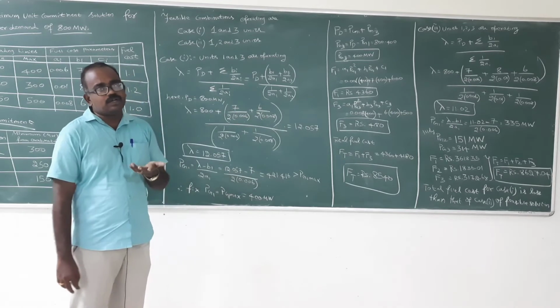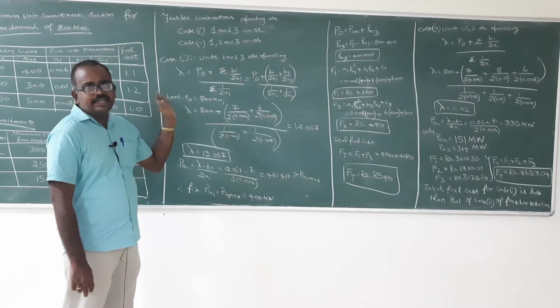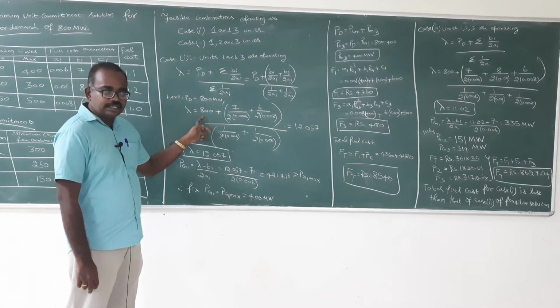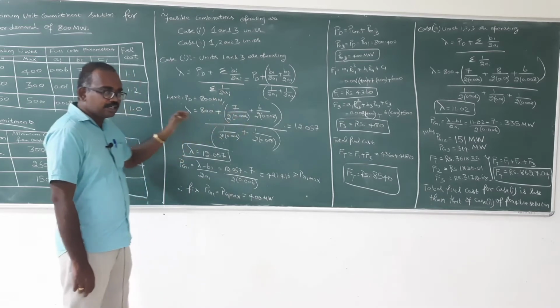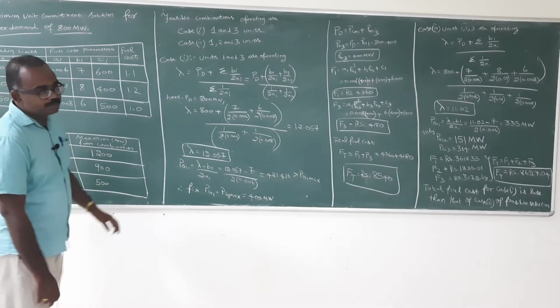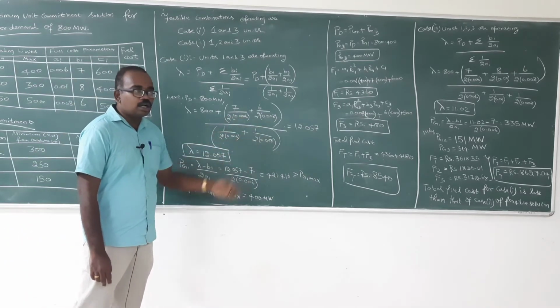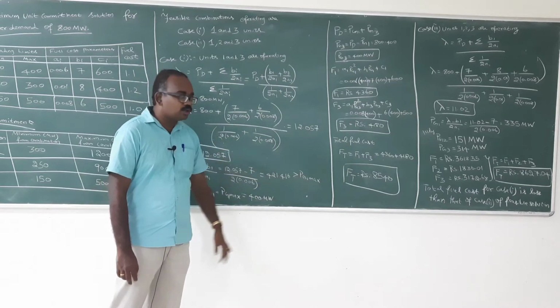PD means the power demand, which in this question is 800. I substituted 800, and the remaining B1, B3, A1, A3 we can take from the tabular column of the question. Substituting all those values, I found the lambda value as 12.057.